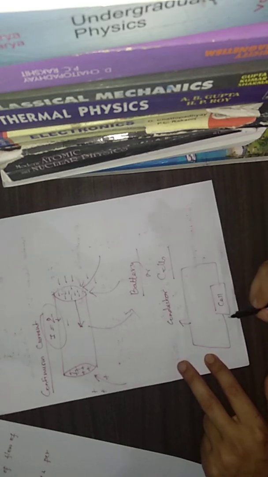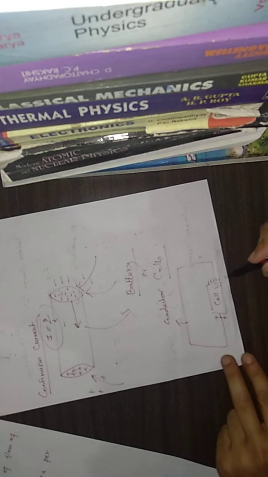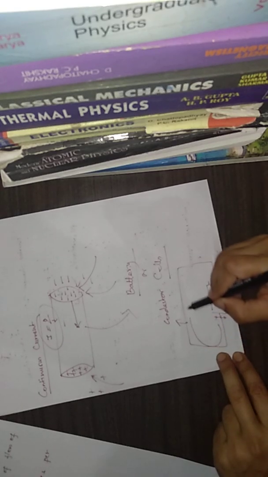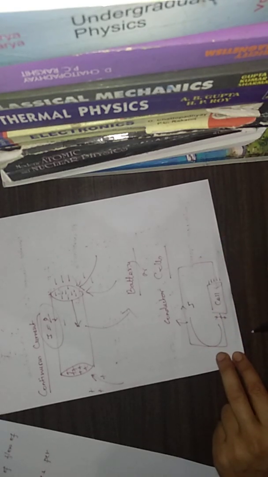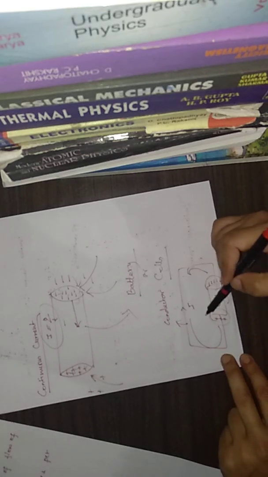The work of a cell is to maintain the positive and negative charges at these particular ends. So the cell maintains the amount of negative and positive charges around its ends such that you will get a continuous amount of current in the circuit. So electrons will flow from negative to positive charge and current will flow from positive to negative charge.